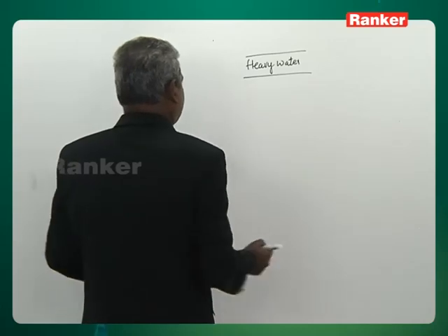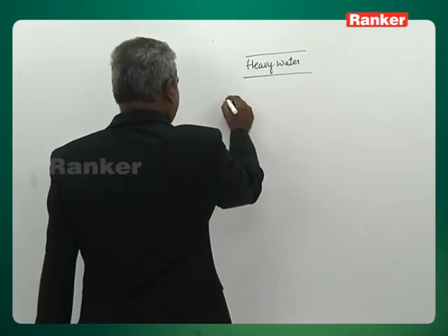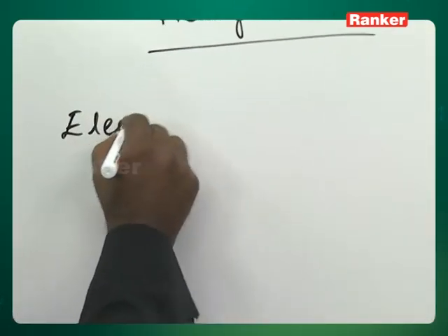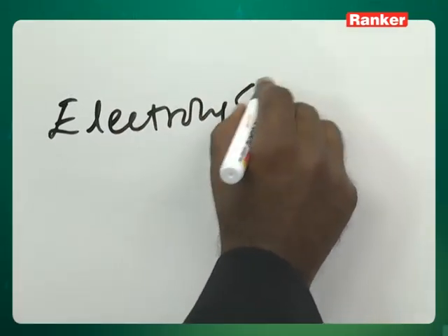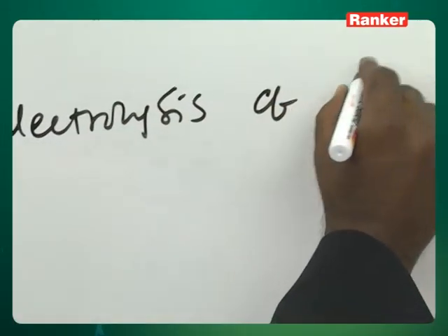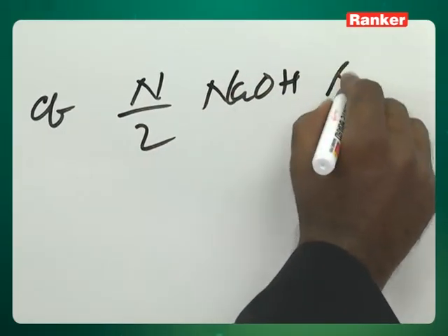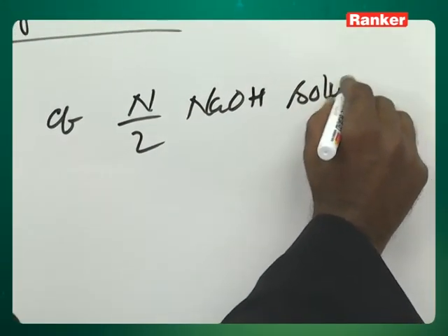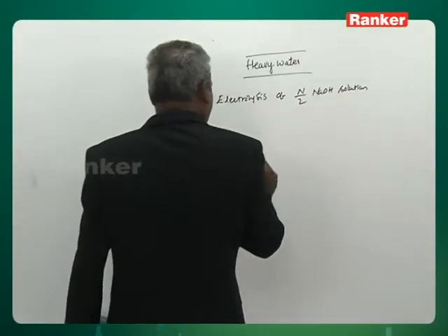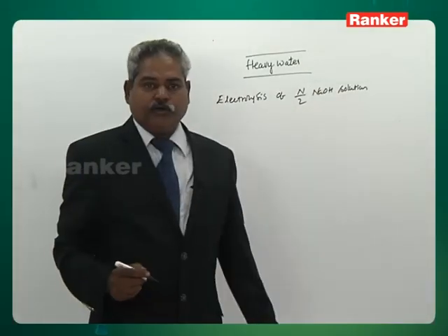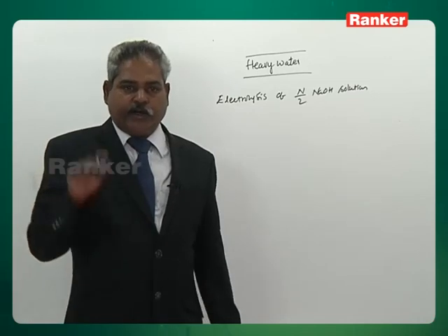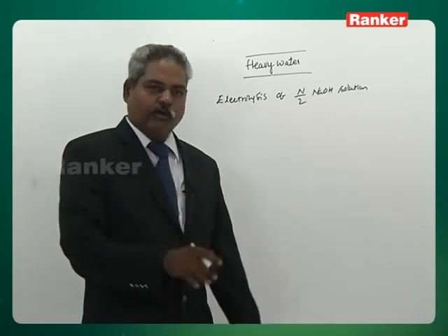Manufacture of heavy water: it is manufactured by electrolysis of N/2 NaOH solution. Look here, where is D2O present? You don't have separate water bodies for D2O. D2O is present in all water bodies.